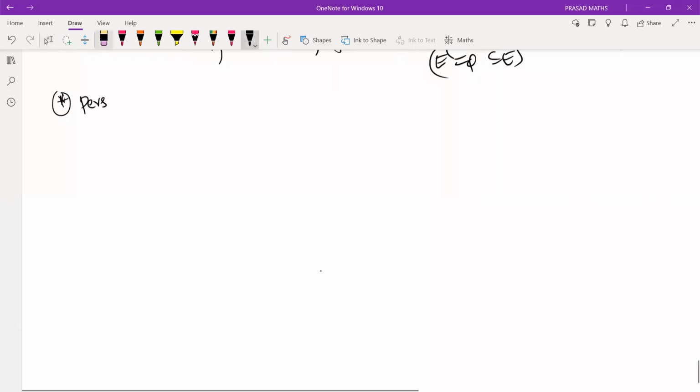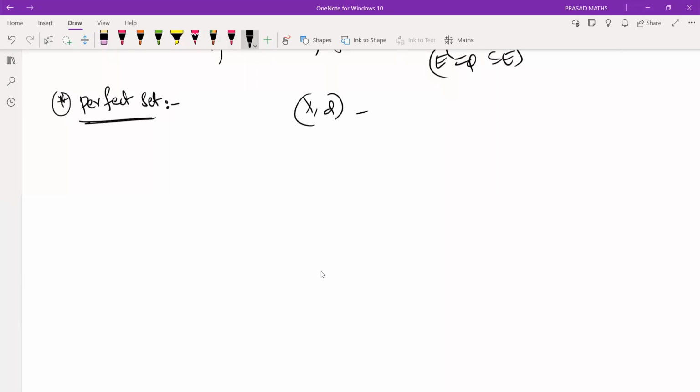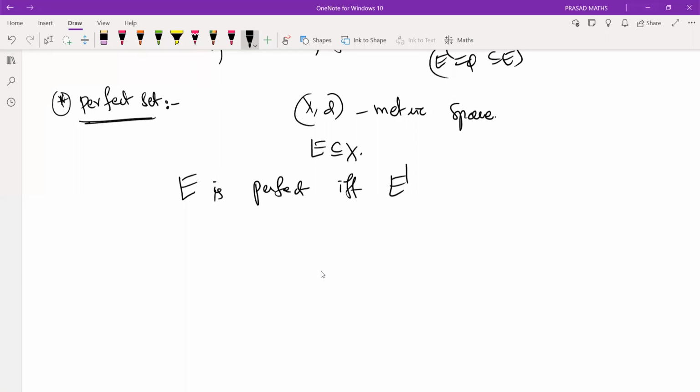Perfect set. You take any metric space. You take any subset E of X. E is perfect if and only if E prime is equal to E. That means every point of E is a limit point of E, and every limit point of E is a point of E. What is E prime?